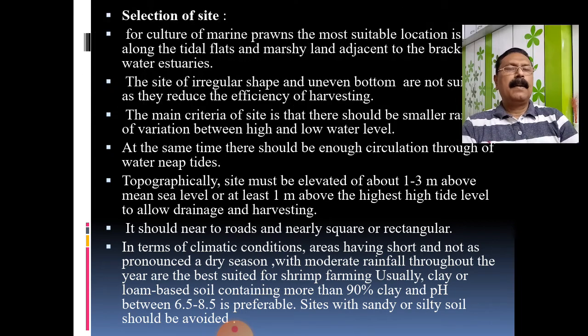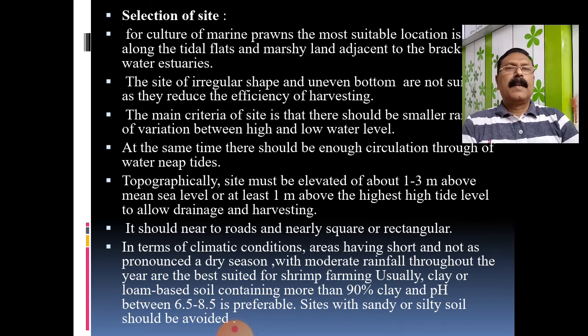When there is netting, an uneven bottom, plant materials and rocks will become an obstacle for the harvesting. Therefore, for prawn culture, the bottom of the ponds nearby the brackish water estuary must have a nearly uniform surface without rocks and stones.